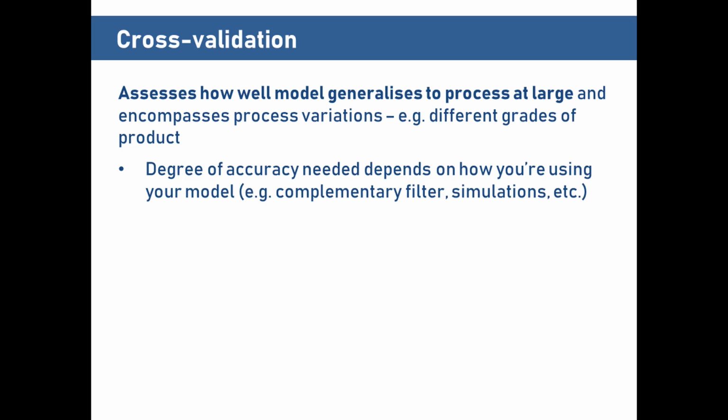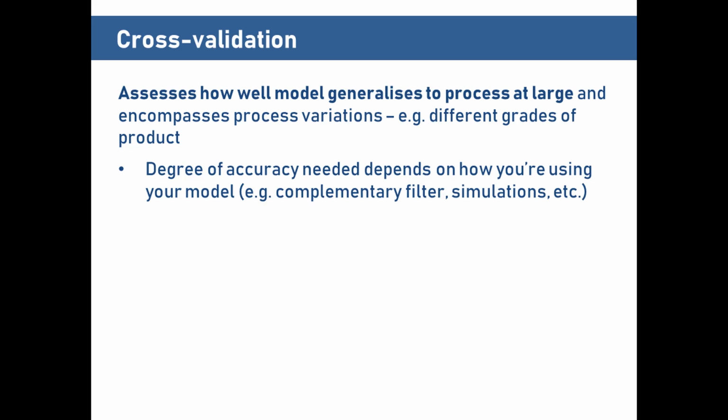One use that we at Conjecture Data Solutions like to demonstrate is to combine your model and process data using a complementary filter and use this to improve your PID control. Because a complementary filter uses both process and model data, even a less than best fit model can be incorporated into the filter and used successfully to improve control. However, if you're using your model for simulations of your plant, you'll want one with a higher degree of accuracy.